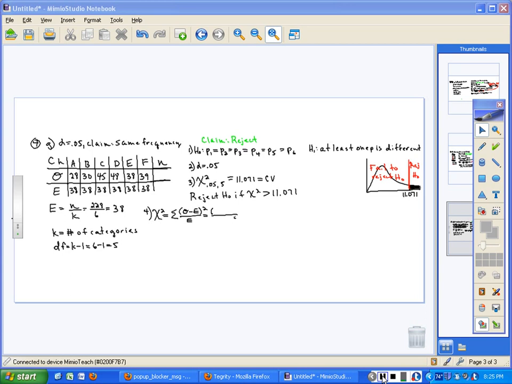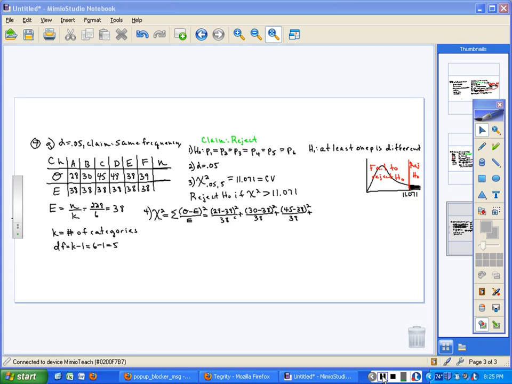The first observed value is 28 minus 38 squared over 38. The next fraction is 30 minus 38 squared over 38. The third one is 45 minus 38 squared over 38.